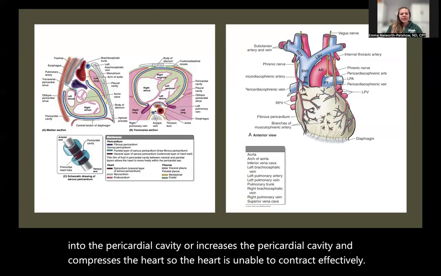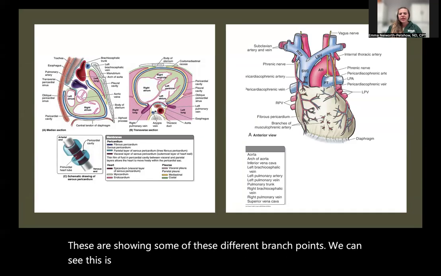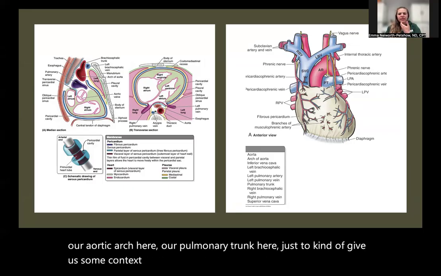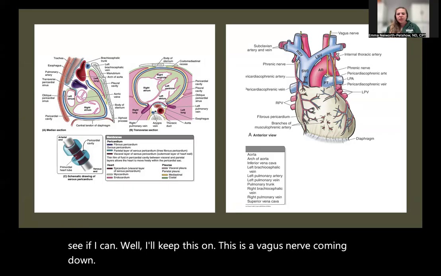These are showing some of these different branch points. We can see this is our heart here. This is showing our superior vena cava, our aortic arch here, our pulmonary trunk here, just to give us some context. This is the vagus nerve coming down. We have the internal thoracic artery. We have the phrenic nerve coming down here.